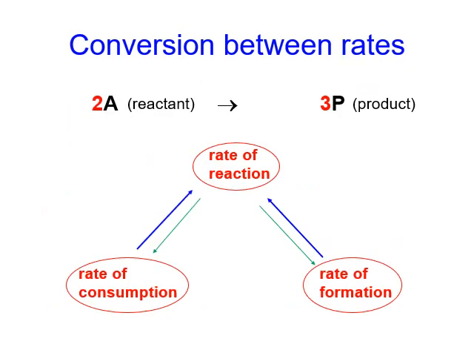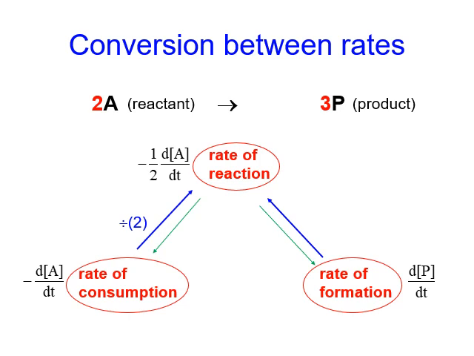Here shows the conversion between the different rates. The rate of consumption is defined as the concentration change of reactants over time, and the rate of formation is the concentration change of product over time. For the reactants, the rate of consumption divided by 2, the coefficient, gives you the rate of reaction.